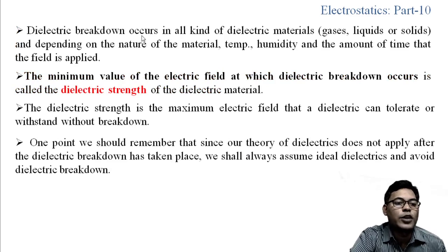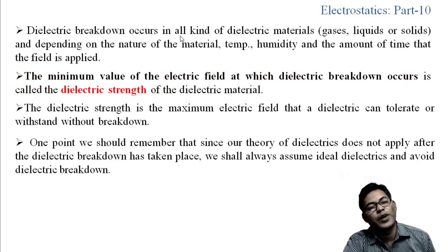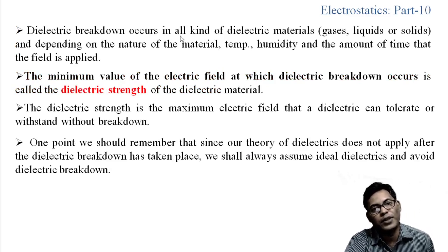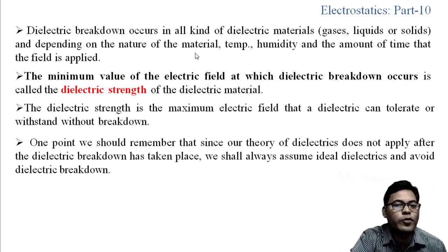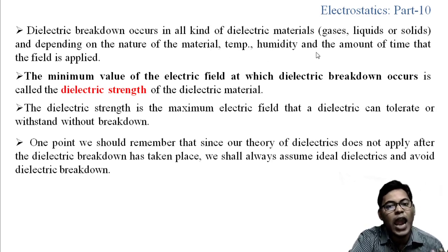Dielectric breakdown occurs in all kinds of dielectric materials, whether gas, liquid or solid, and it depends on the nature of the material, the material temperature, humidity, and the amount of time the field is applied. From this idea we can define the dielectric strength of the material, another parameter of the dielectric.